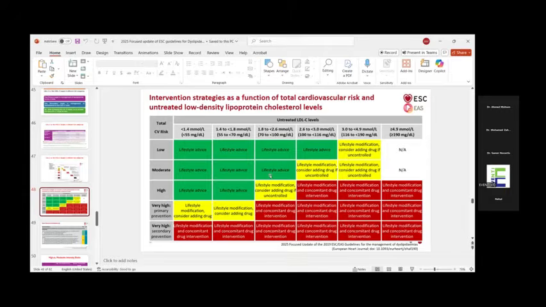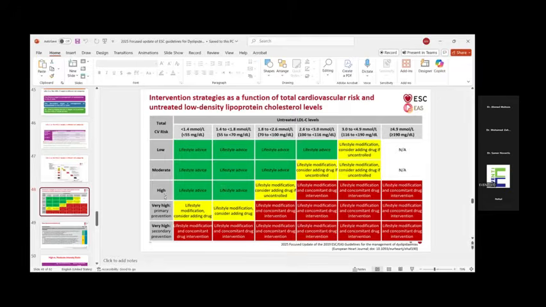Actually, I will focus on the red boxes. The red boxes here refer to the indications of drug therapy from the start, without the need to wait for the lifestyle modification first.